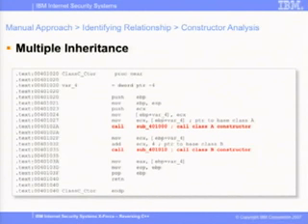Using the next example in here, multiple inheritance is actually much easier to identify, or more accurately identified, because the first base class is the same. It looks the same as the previous single inheritance example. You can't really identify if it is a base class constructor or a call to a member function.